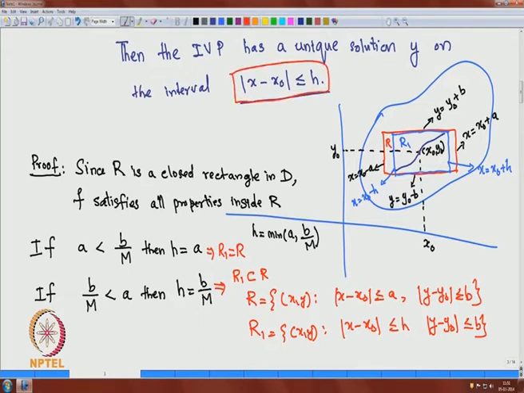So, the solution exists on R1. Depending upon the value of A, if A is less than B by M, then the solution exists for the larger rectangle. If A is greater than B by M, then the solution exists on a smaller rectangle R1.